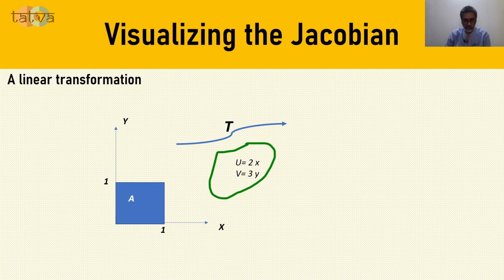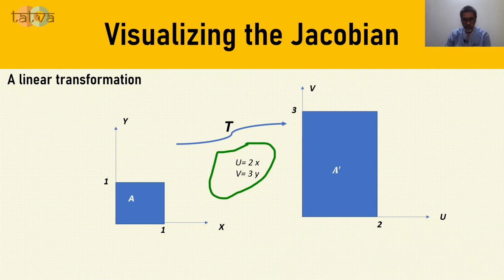There's a stretch of 2 units in the x direction and 3 units along the y direction. So obviously the square does not remain a square but becomes a rectangle. There's a stretch of 2 units along the x-axis, u-axis, and a stretch of 3 units along the v-axis.